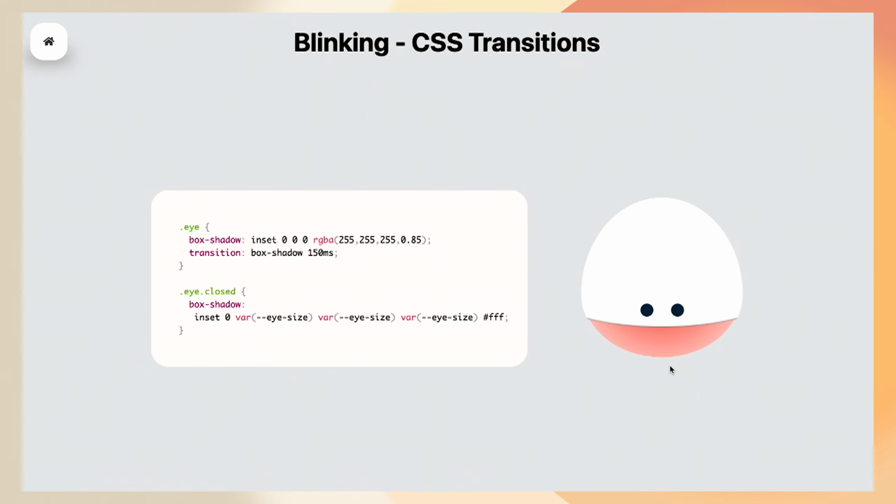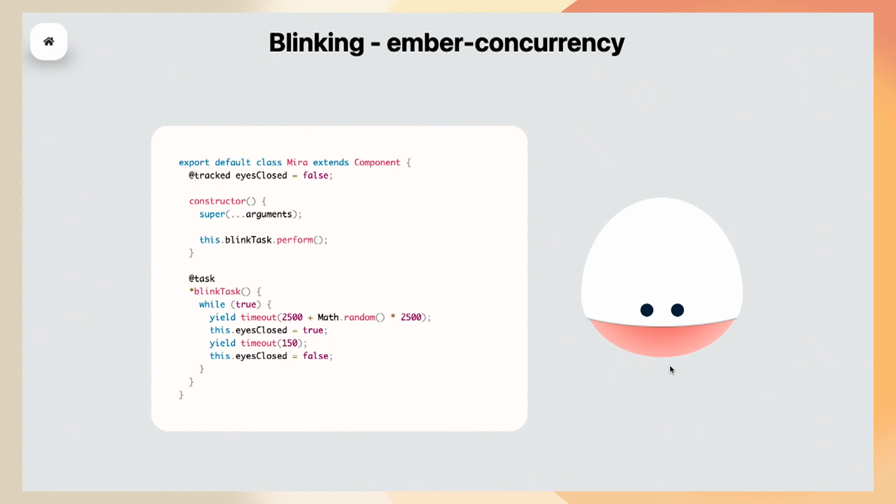That will basically turn the eyes white through the use of this inset box shadow. And we will apply a transition of 150 milliseconds because blinking is usually faster than looking around. This is a slowed down version, so you can see what's going on. It looks a little weird, but if it's sped up, it will look nicer.